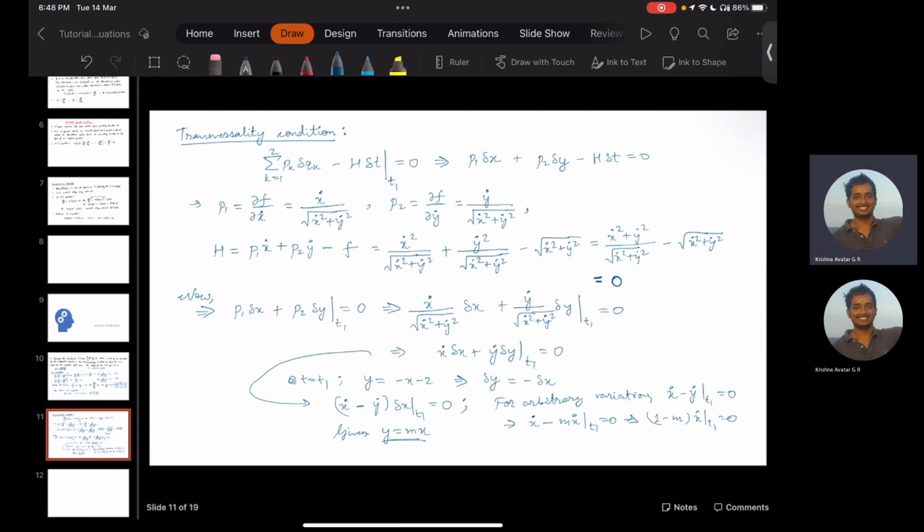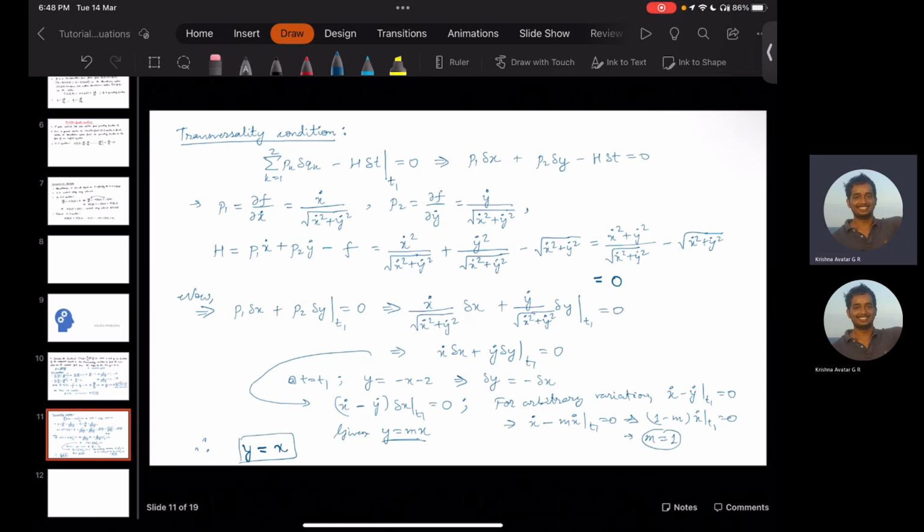Had x dot been 0, that simply means that x should have been a constant, because we are dealing with a linear equation, right? So then even y would be a constant, which is not possible, right? So the only other conclusion is m is equal to 1. So therefore the extremal is y is equal to x.